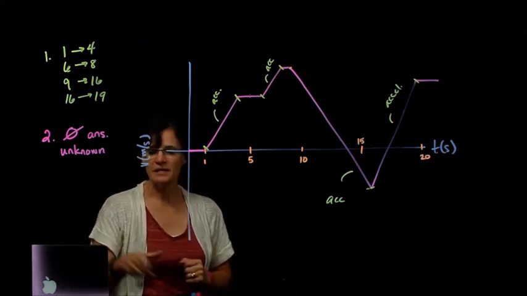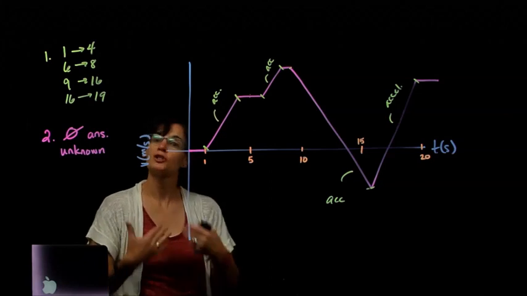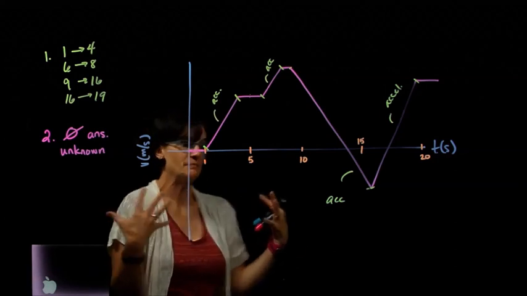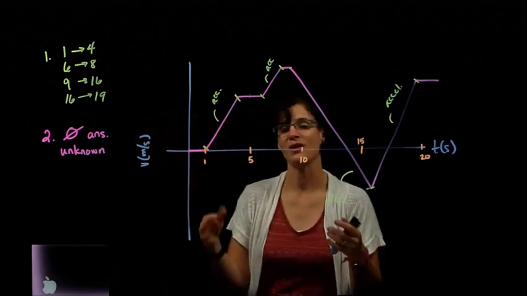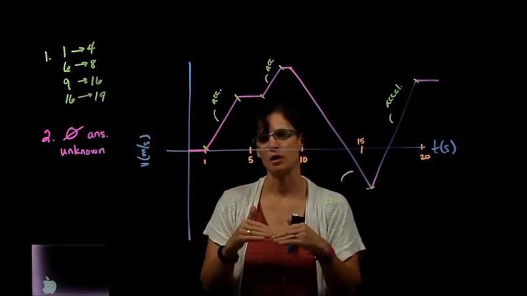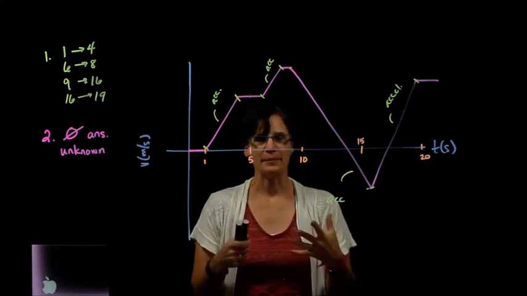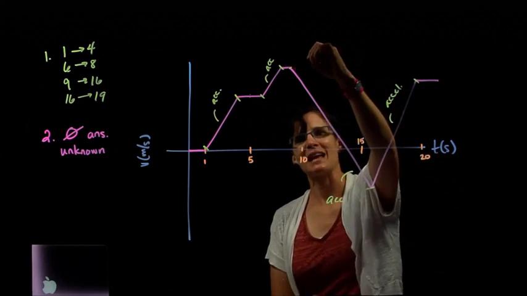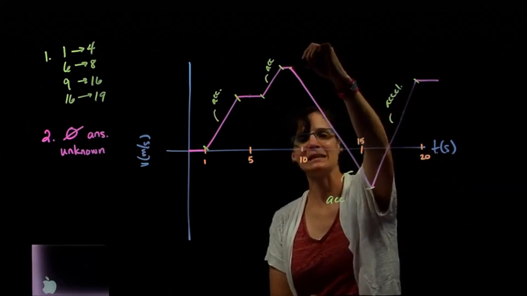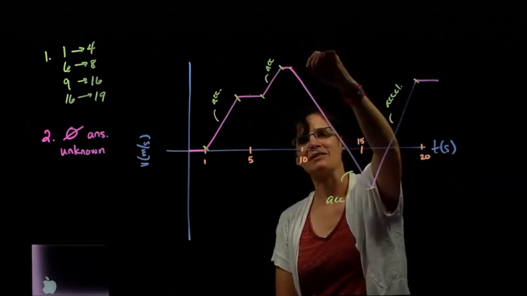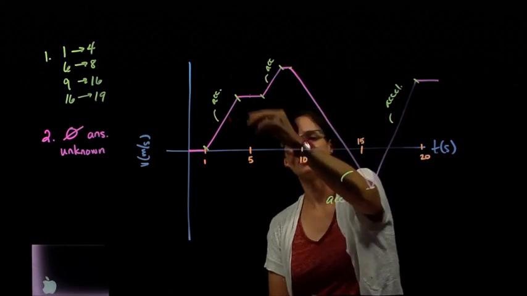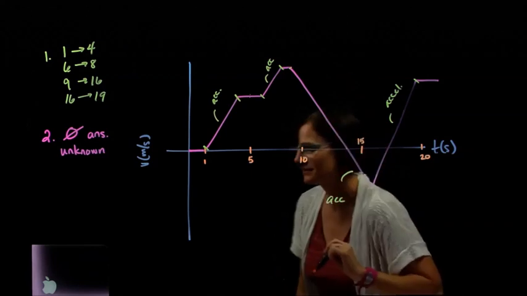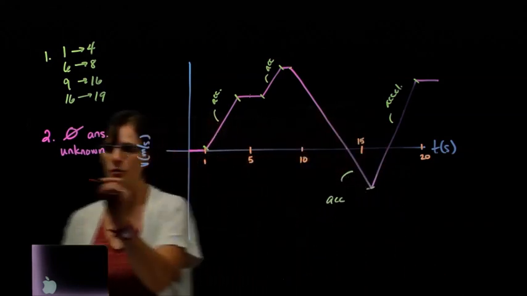Question number 3 says, during which time is the object slowing down? All right, so this means that the velocity magnitude, the number, is getting smaller and smaller and smaller. When is that happening? Well, as the object is at time 9, we see that the velocity is getting lower and lower in value as we move from time 9 to this point, time point 14.